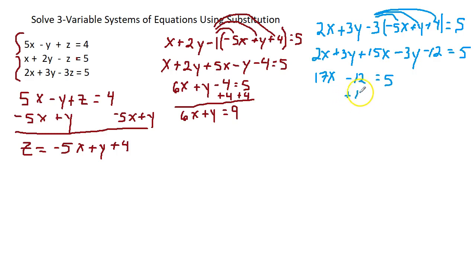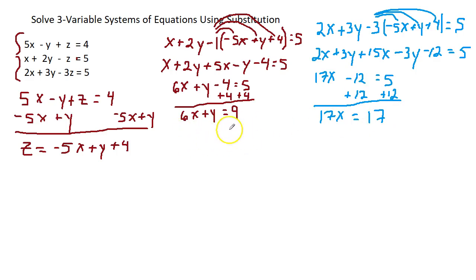Add 12 to each side. Oh, this one's going to be really nice. 17x equals 17.